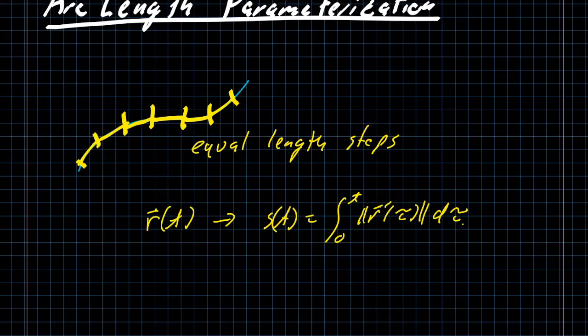So we have seen that if we have our vector valued function parameterizing the curve, r of t, we can come up with the arc length function s of t using this integral.